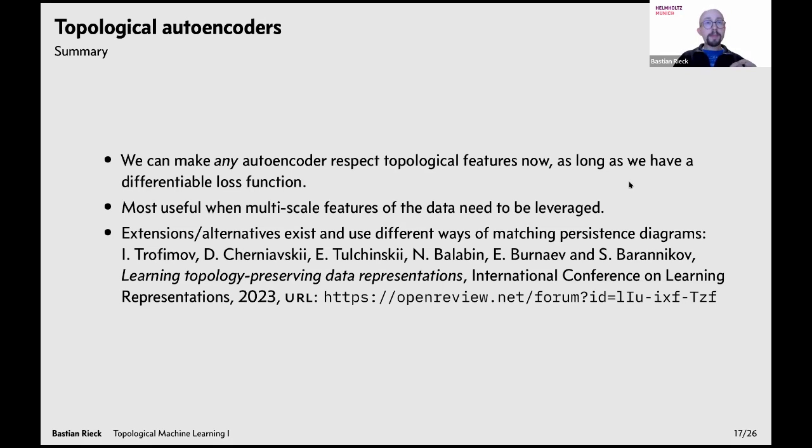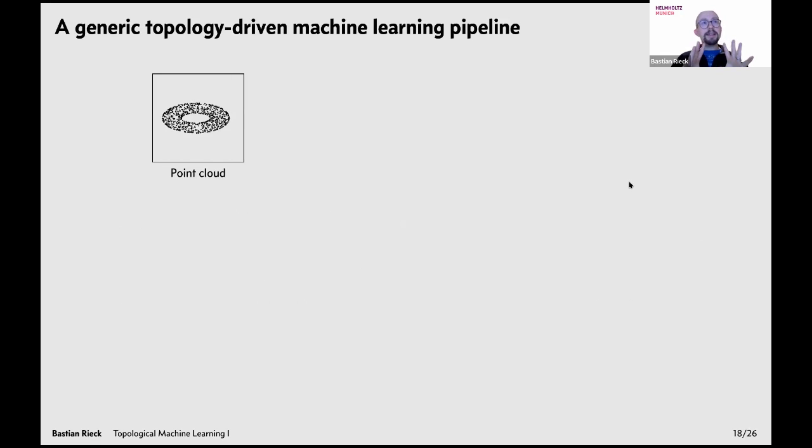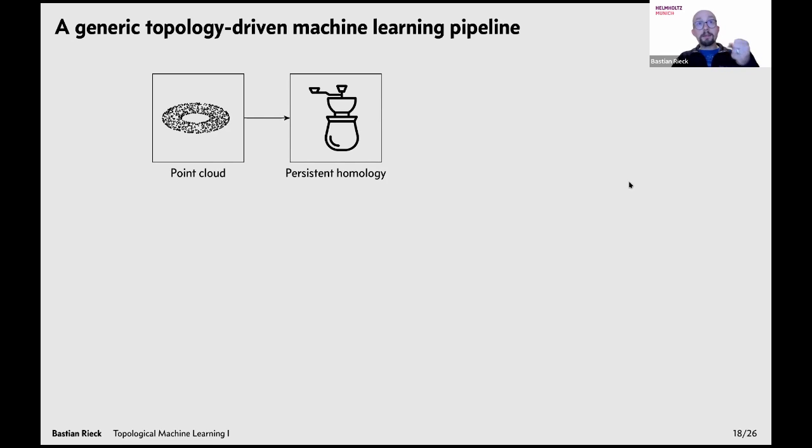Now, moving on, I want to stress that this is actually an instance of what I would now call a generic topology-driven machine learning pipeline, and this is only possible because of some crucial insights by a lot of people over the past couple of years. Your traditional persistent homology, or I should say topology, pipeline works by taking a point cloud and doing persistent homology, which I always describe as a coffee grinder, because it helps you extract the really interesting things from your data.